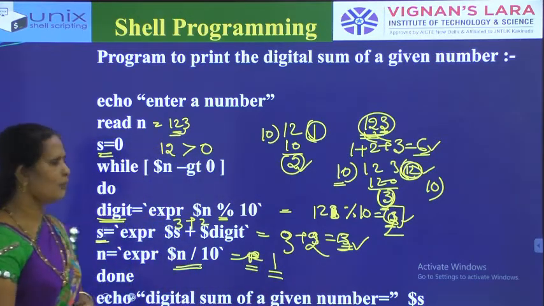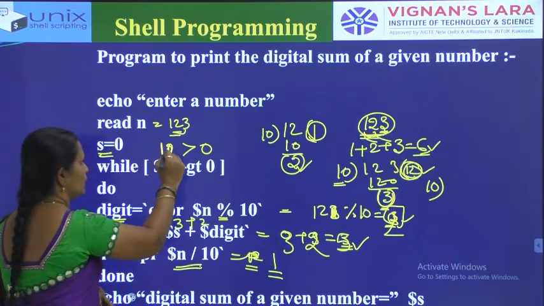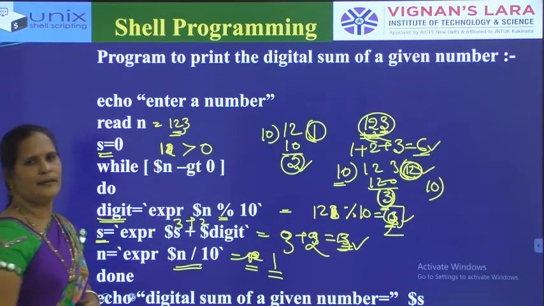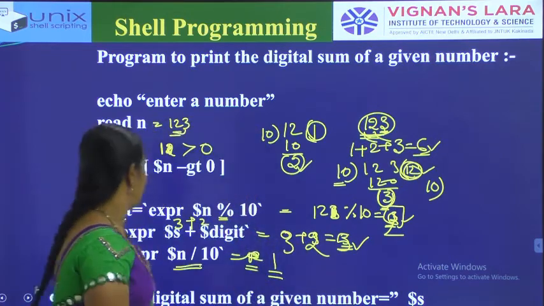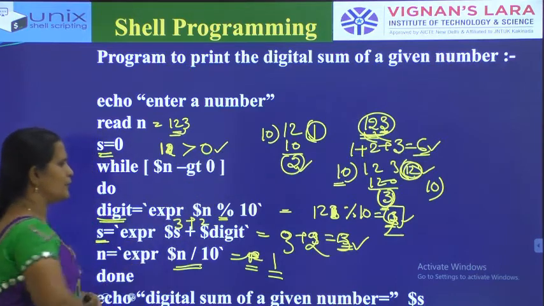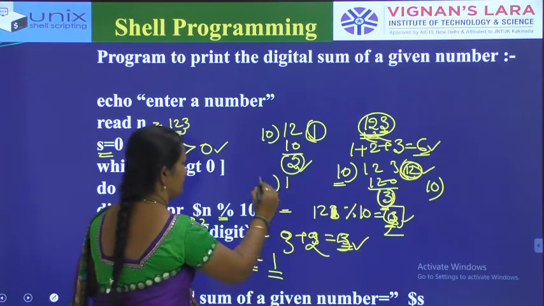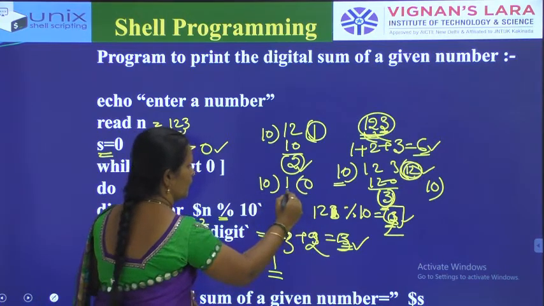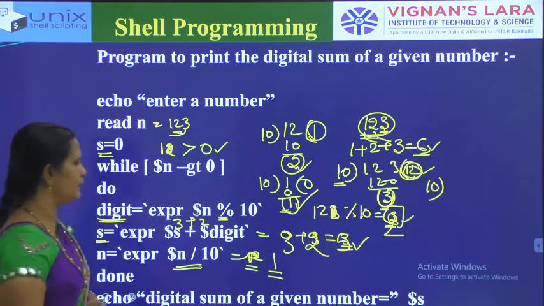Once again we have to check. The n value is 1. 1 greater than 0, again the condition returns true. Digit is equal to expr 1 percentage 10. Now we will get 1.